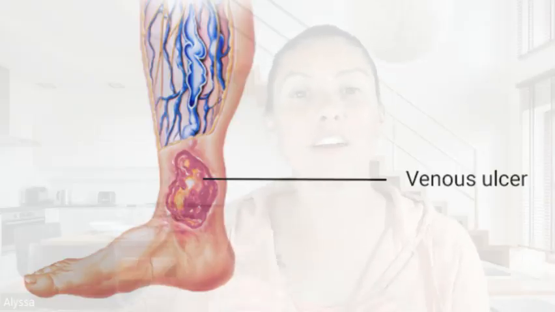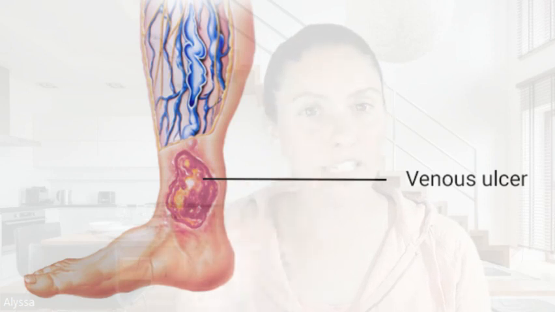So they are not symmetrical and they are very irregular. They're very superficial. So it just looks like the top layer of tissue is removed from the skin. Okay, so that's really the determining factor where you can really see the difference between venous and arterial. So venous is very irregular shaped and there's not a lot of depth.